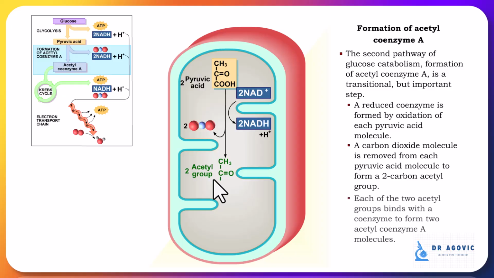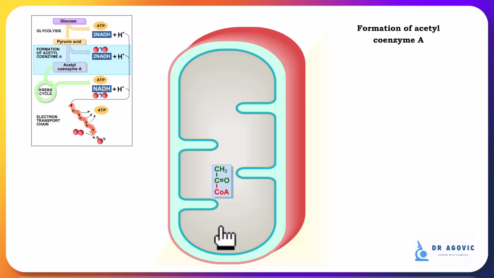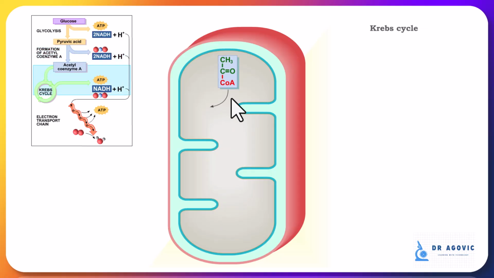Each acetyl group will bind with a coenzyme A to form acetyl coenzyme A. Acetyl coenzyme A now will be taken further into the Krebs cycle for continuation of glucose catabolism.